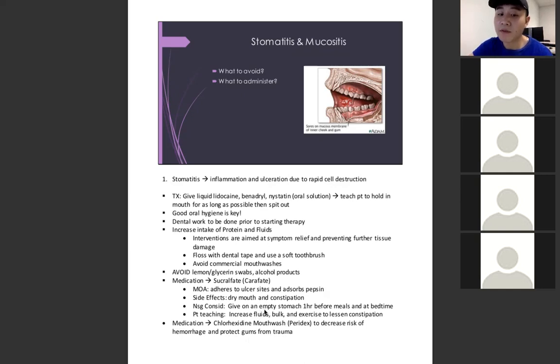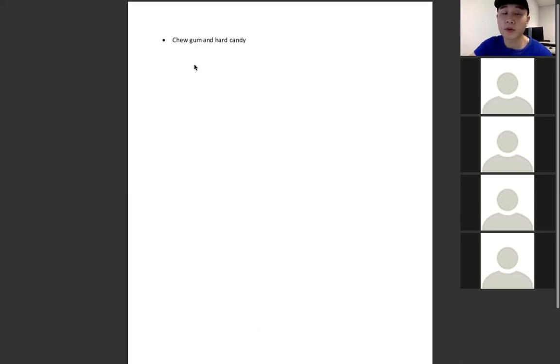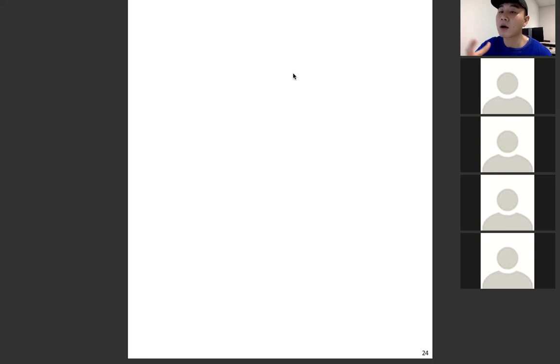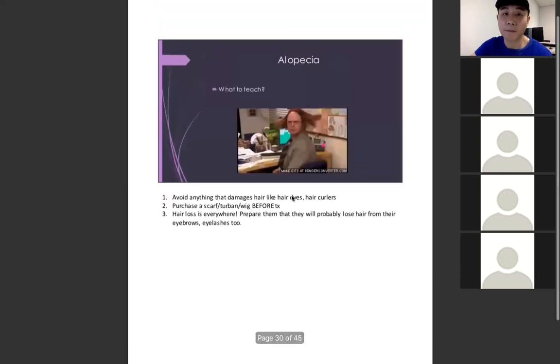Please remember, give it on an empty stomach 1 hour before meals and at bedtime. We also encourage the patient to chew gum and eat hard candy because their mouth is usually dry, and sucking on hard candy or chewing gum increases saliva and promotes hydration inside the mouth.